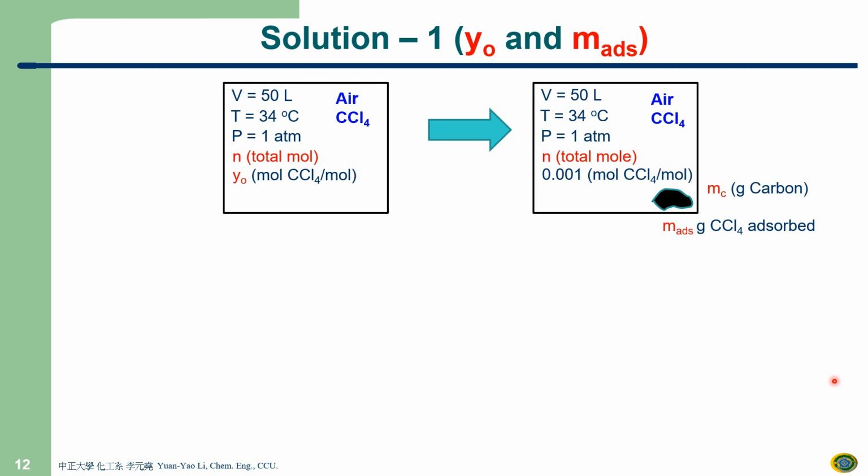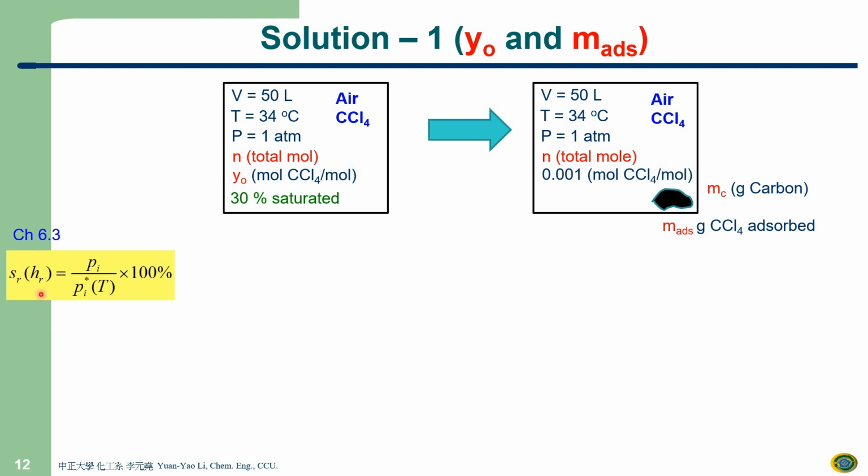Okay, so how can we do that? The important thing is to find out Y0 and M ADS, right? So you have the Langmuir isotherm, so you have an equation. So let's find out Y0.